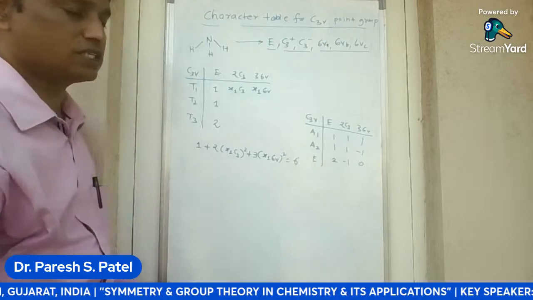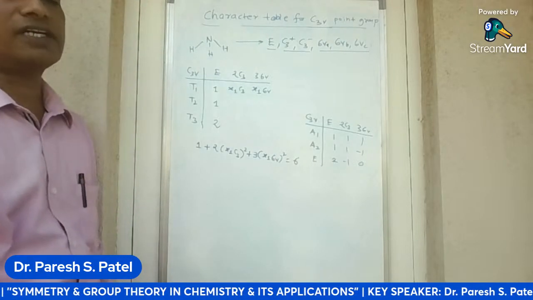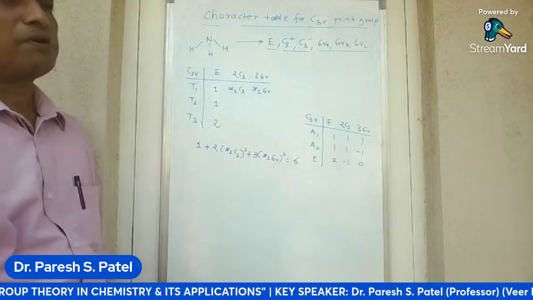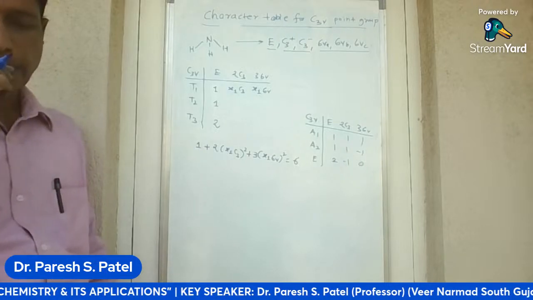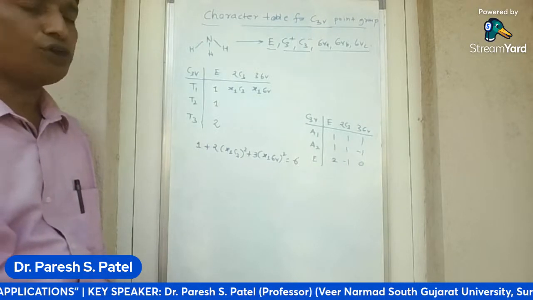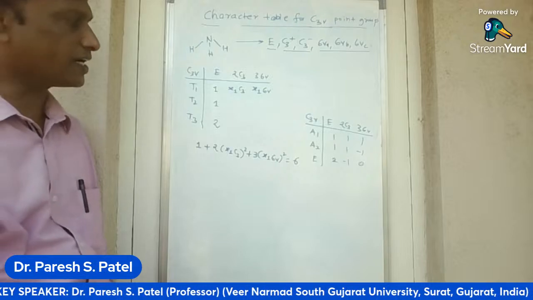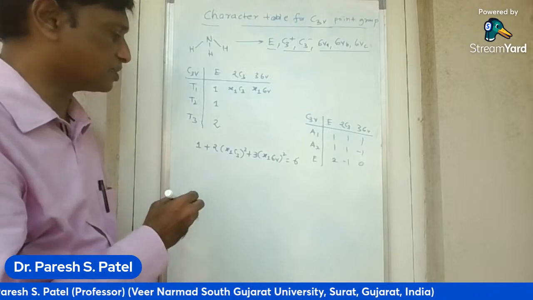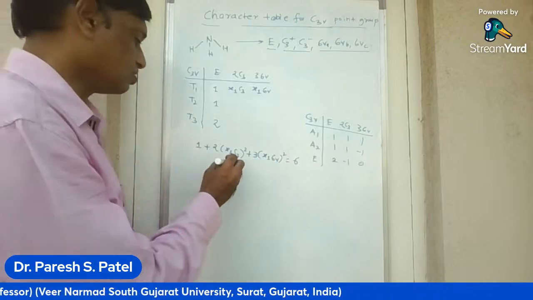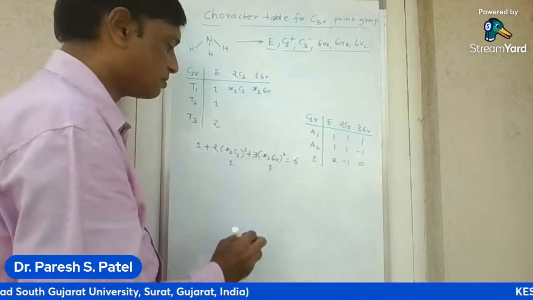The order of the group is equal to 6. The character may be plus or minus, but to maintain the uniformity of any character table, the first irreducible representation should be with respect to plus 1. So if we take plus 1, this can be satisfied.